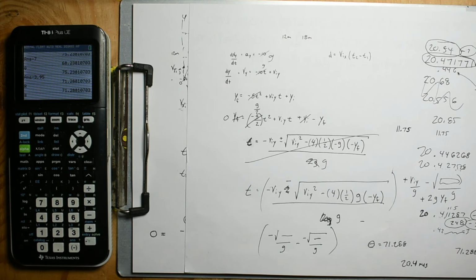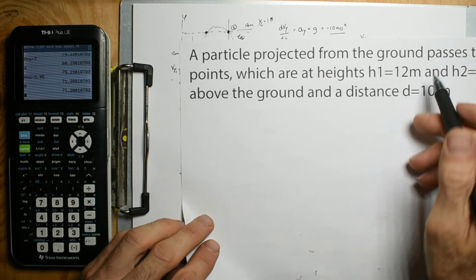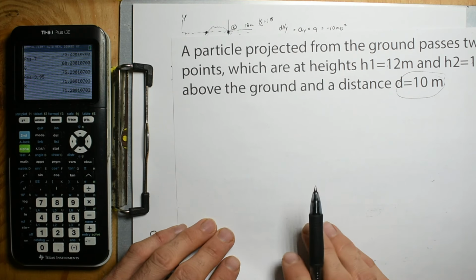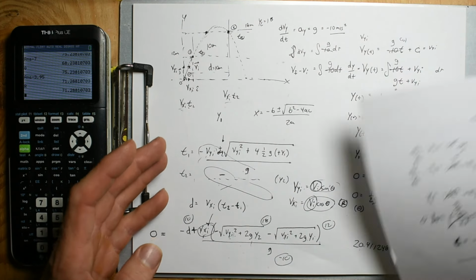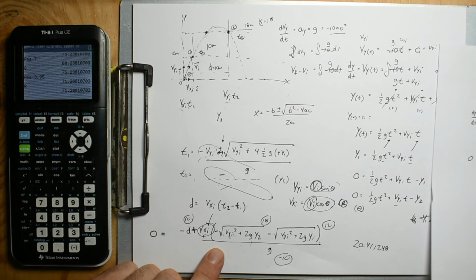Not very nice. It doesn't allow me just to keep plugging in different heights and different values of the distance. It seems very particular to this. Well, no, I guess not.